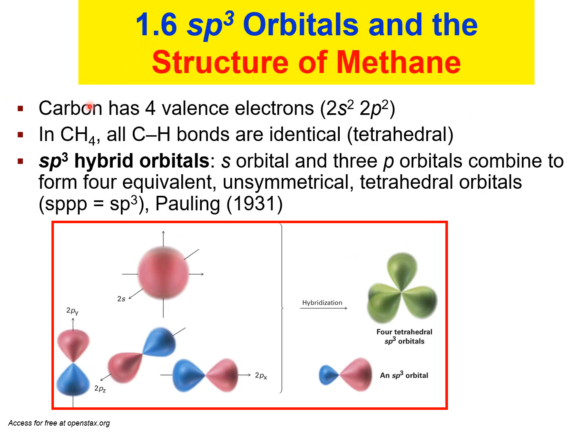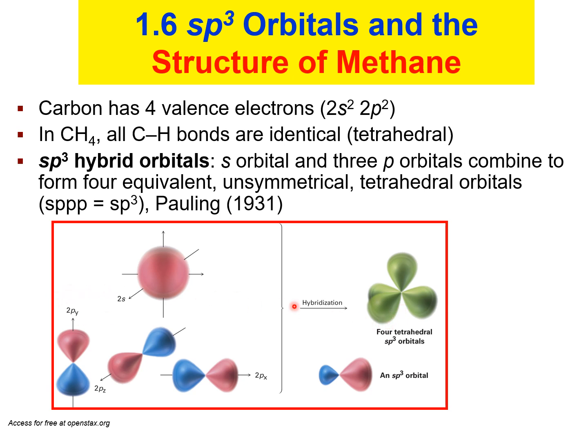This slide here explains the structure of methane using the concept of hybridization. This was actually given by Linus Pauling in the year 1931, where he described the structure of methane by saying that the 2s orbital and the three 2p orbitals can be hybridized mathematically to form 4 hybrid orbitals, which are called sp3 hybrid orbitals.